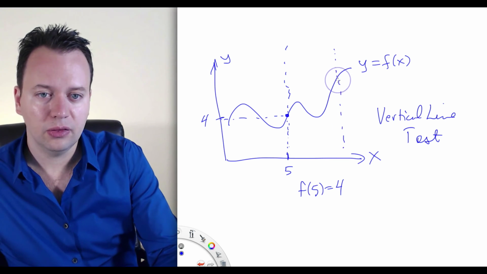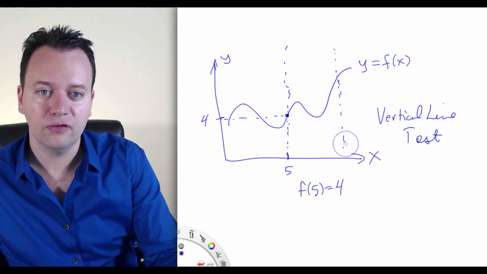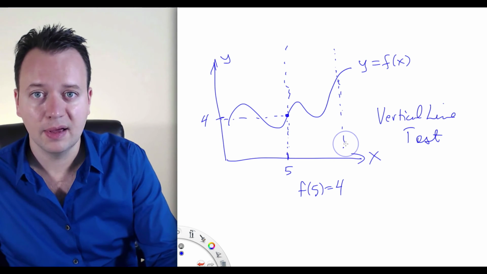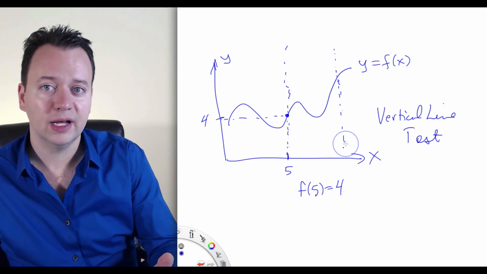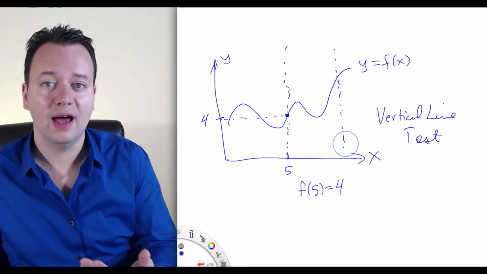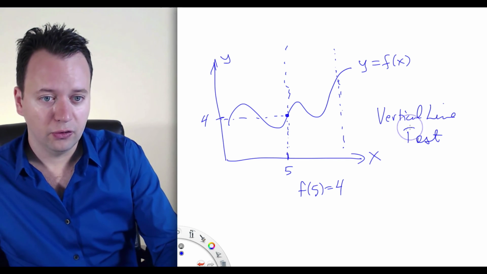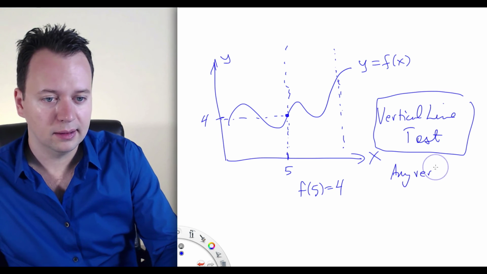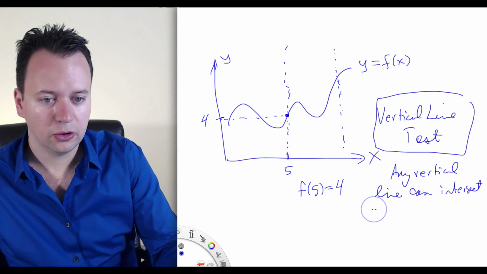And your graph is a function only if each vertical line intersects the curve a single time. Because if a vertical line intersected the curve 2 times, it would not be a function, because that x value would have 2 outputs. So vertical line test means any vertical line can intersect your curve at most 1 time.